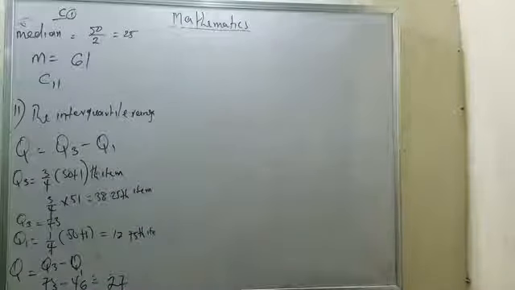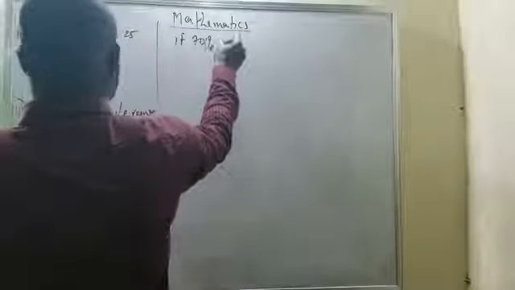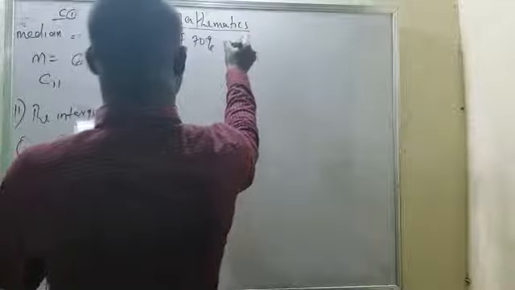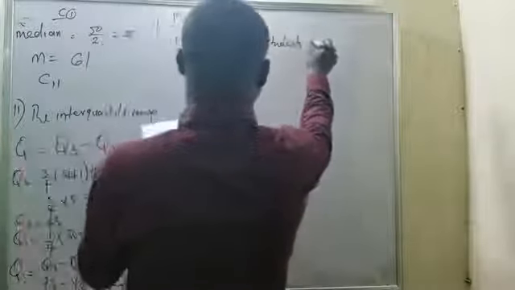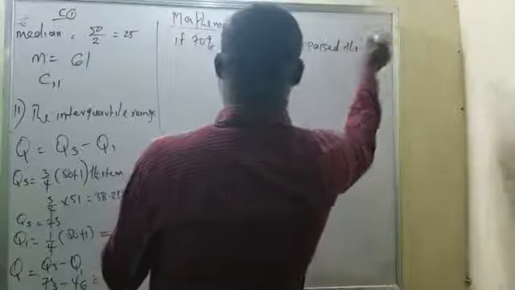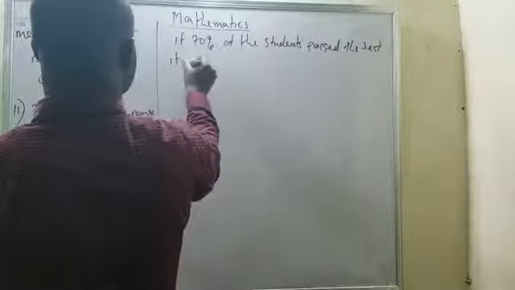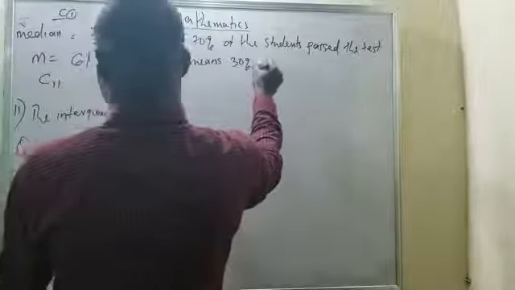Now, you are asked to find the number of students who pass the mark if 70% of the students passed the test. I want to write the question. It means 30% failed.